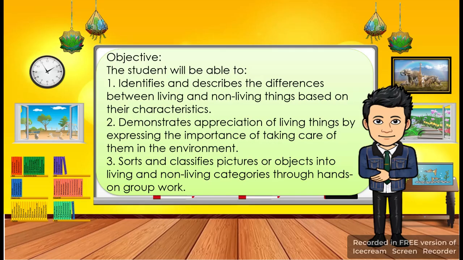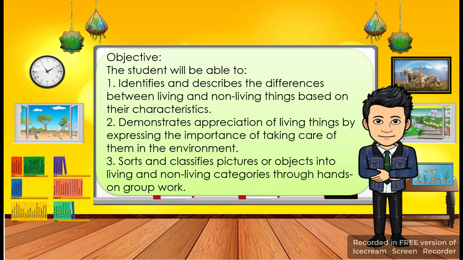But before that, these are our objectives. One, the student will be able to identify and describe the differences between living and non-living things based on their characteristics. Two, demonstrate appreciation of living things by expressing the importance of taking care of them in the environment.